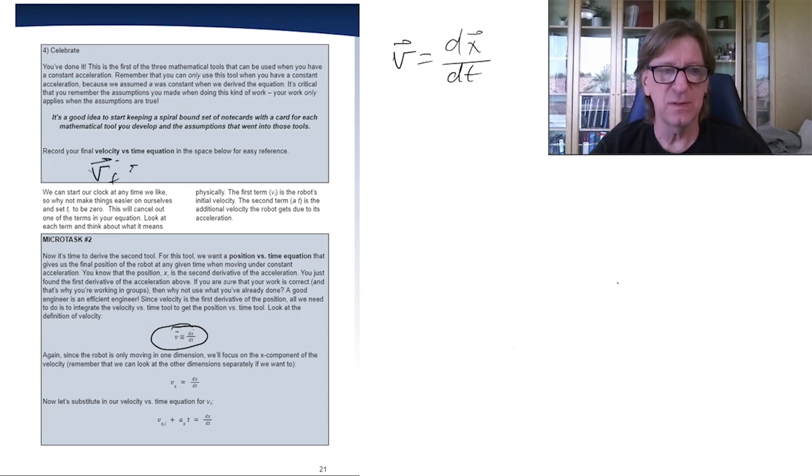So VF equals VI plus AT. That's the velocity versus time equation. We're going to take this. This is going to be our final velocity. We're going to plug in for VF here. And so that gives me VI plus AT is equal to dx over dt. Okay. And that's what you see right down here.